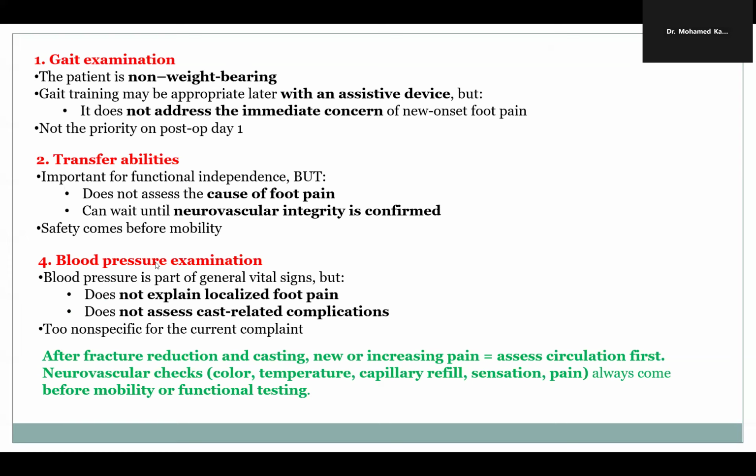So what is the main point to take home? After fracture reduction and casting, new or increasing pain is an alarming situation. We need to assess circulation first.